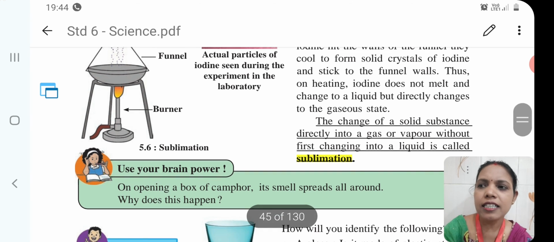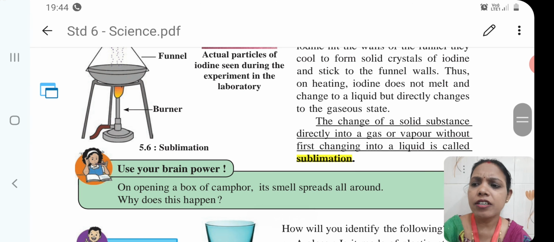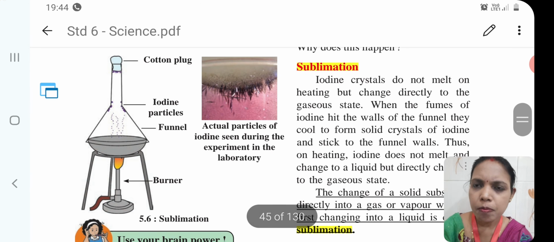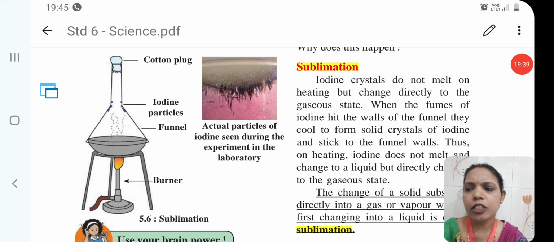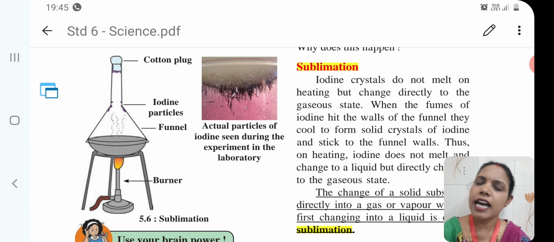Is it clear? After observing the experiment, it is easier to understand the example of sublimation. Many examples are there, for example, camphor, naphthalene and so on.